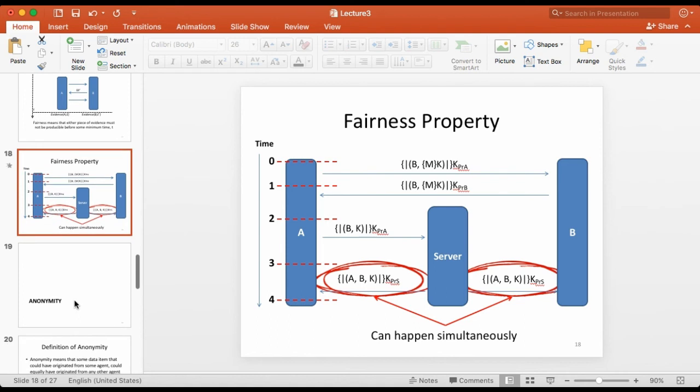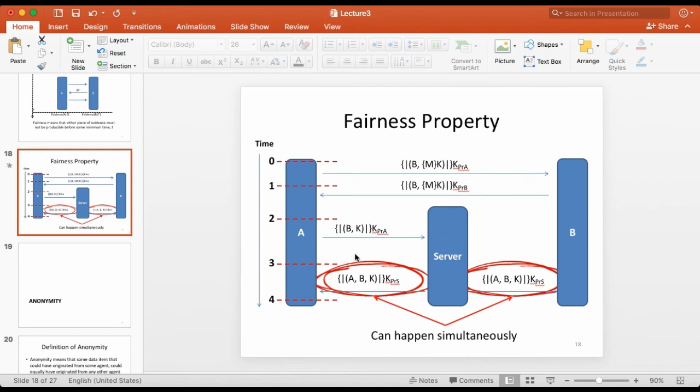So in order for you to convince yourself that this protocol is fair, I would like you to look offline at essentially each point in time, and try to understand what each of these two agents has got in terms of the messages or the data that it obtained, and then try to convince yourself that unless you reach point 4, in which both of these two events have taken place, the protocol is not going to provide any non-repudiation for either side.